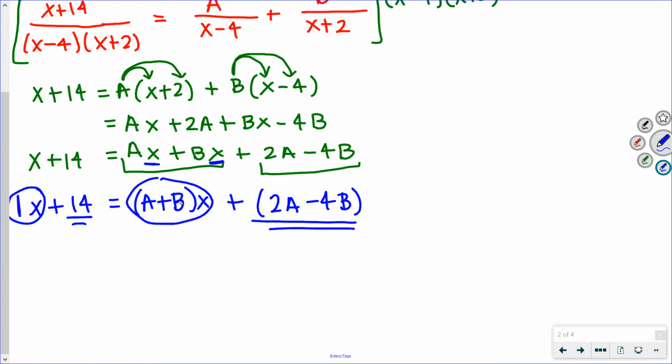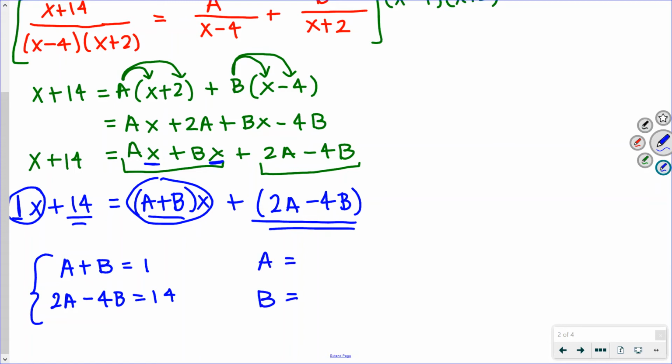So what this is telling me is that A plus B is equal to 1, and 14 is equal to the second part, which is 2A minus 4B. So 2A minus 4B equals 14. And there is my system of equations I want to solve, because we want to know what does A equal and what does B equal.